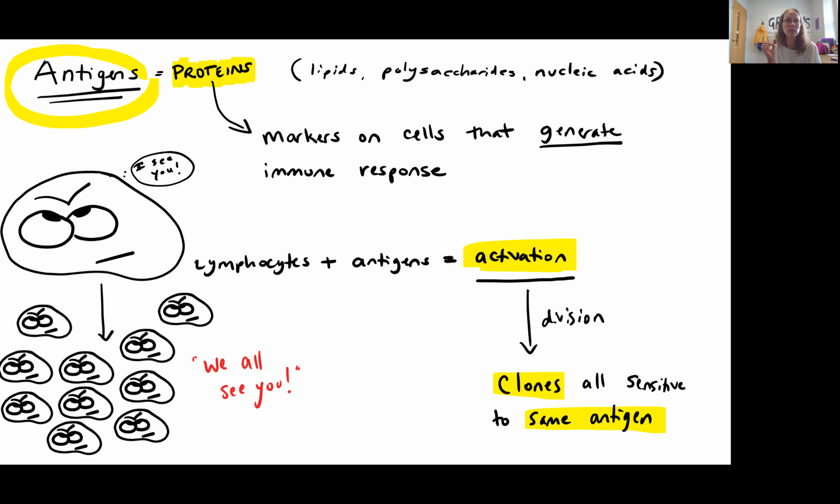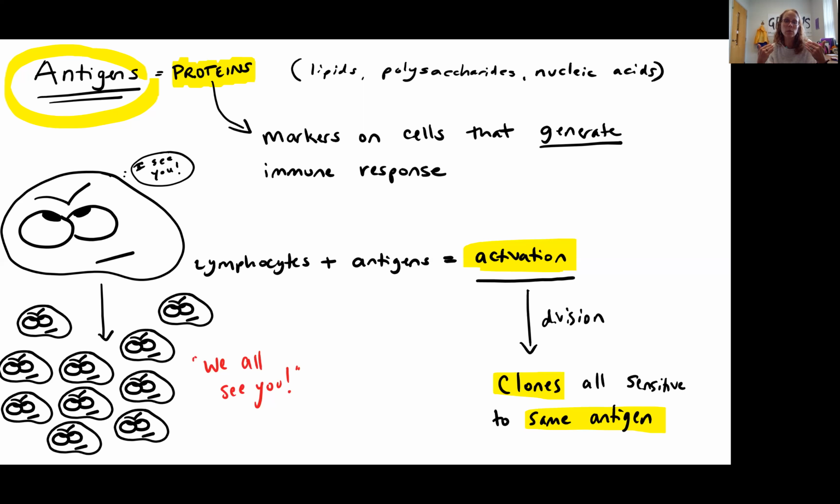When we're talking about specific defenses, when we're talking about T cells and B cells, it's like a lock and key model level of specificity. It's like a puzzle piece level of specificity. So it's not just any old lymphocyte that is going to be activated by any old antigen. No, it's a specific matchup.